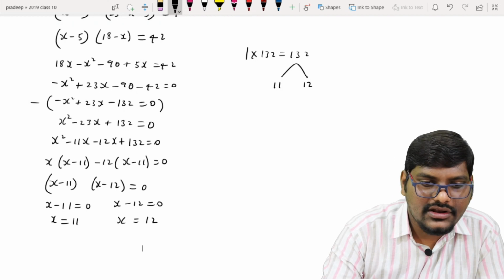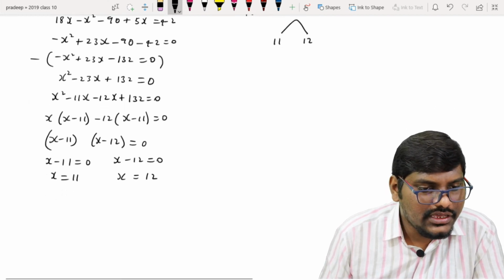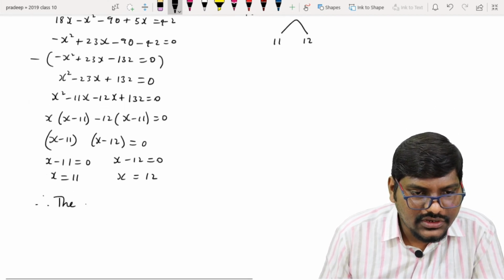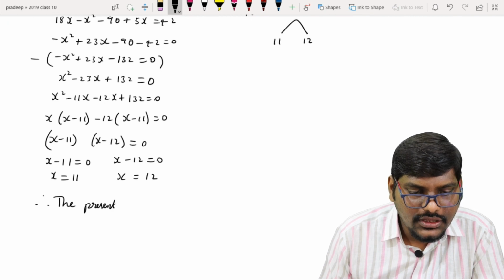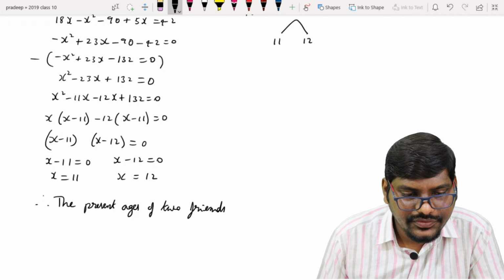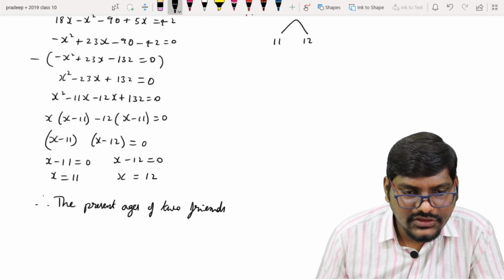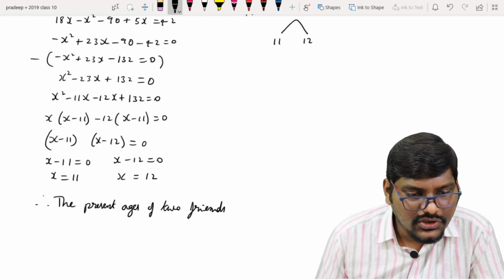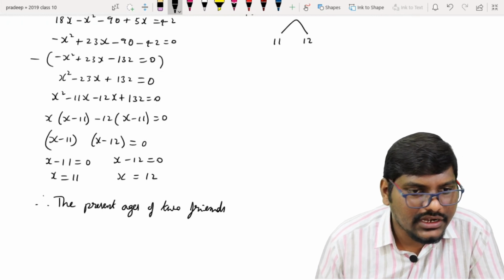Alright, so we'll write their present ages now. Therefore the present ages of the two friends, how much was that? For the present age we have the condition also.